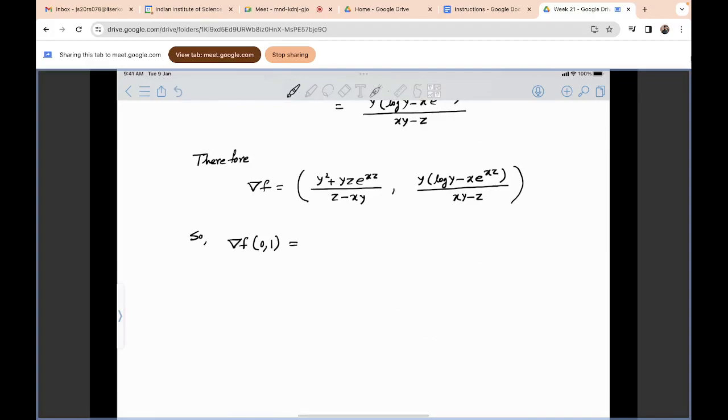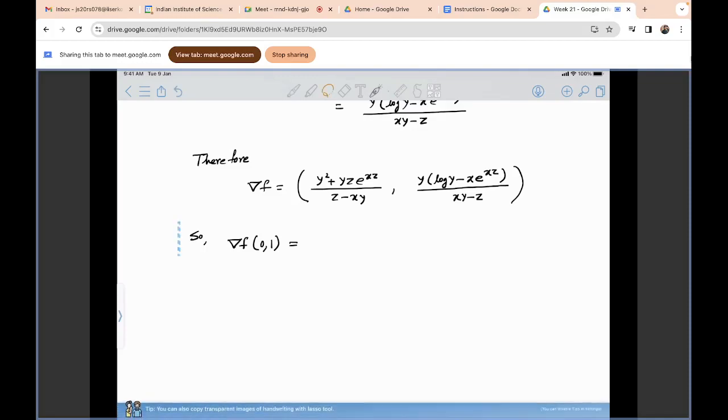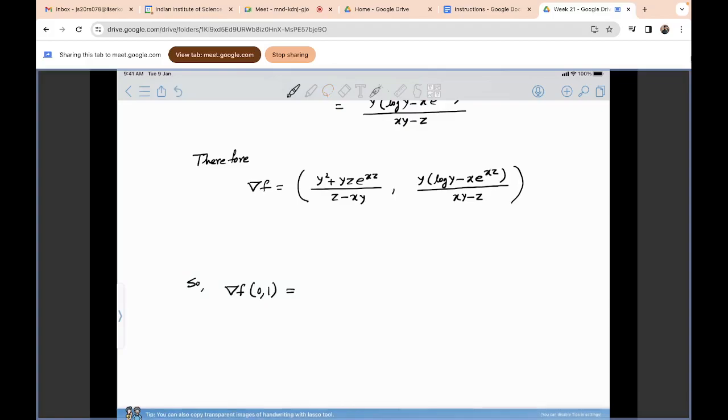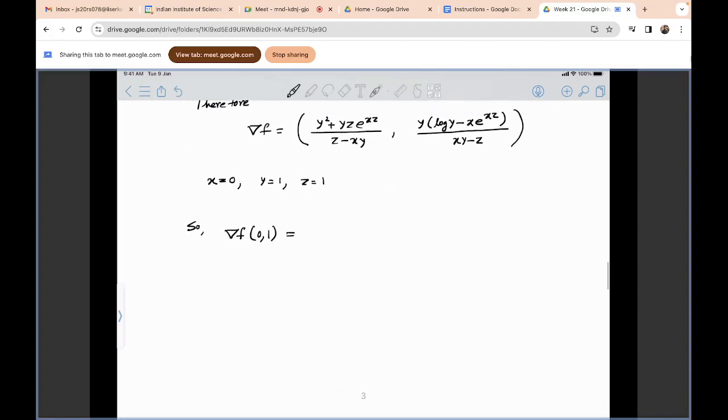So put x equals 0, y equals 1, z equals 1. Then we get 1 plus 1 by 1, which is 2, comma y is 1, log y is 0, so it's 0.